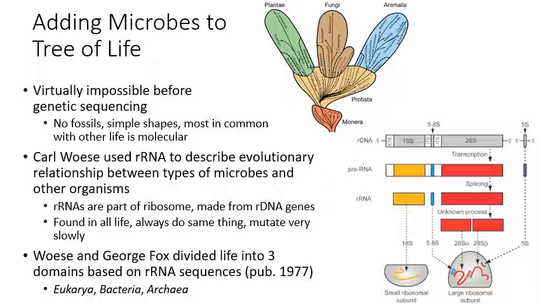The domains they made were Eukarya, bacteria, and archaea. And that's very recent. That was only published in 1977. So before 1977, no one really knew that archaea were significantly different from bacteria. They were just seen as a type of bacteria, but they're actually quite different.